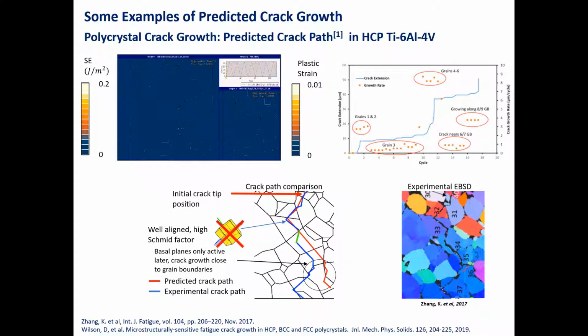So mostly there's good agreement with the crack path as it grows through the polycrystal. There's a deviation here shown in green, and that happens to be where on the surface of the tested sample, there's a very identifiable scratch or two, and that deviation of the crack path may be as a result of that scratch.